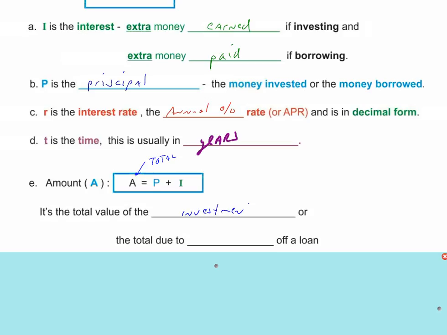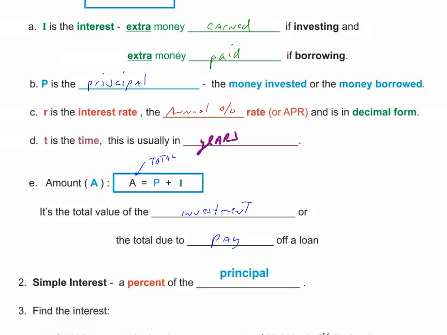See, there's always two types, right? Depending on whether you're borrowing or investing. It's the total value of the investment or the total due to pay off the loan.